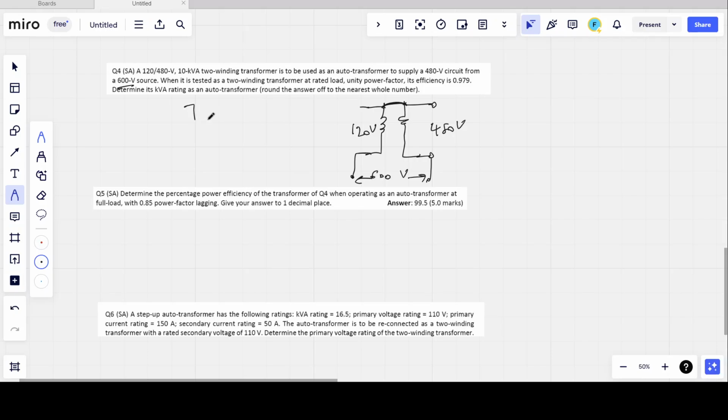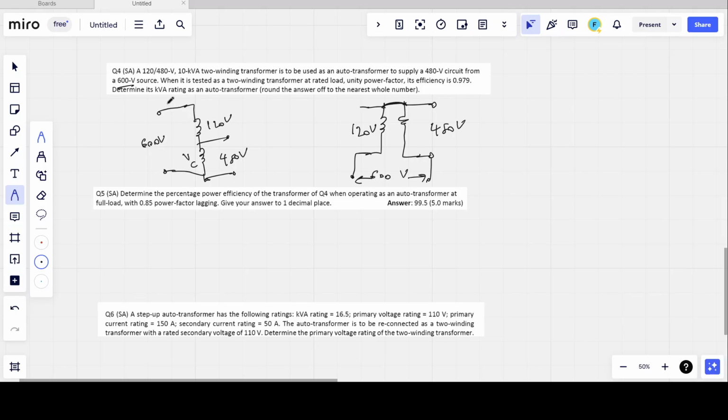So let me just draw it. So this is something that looks like this. Now the output, which has a voltage VC, is 480. And here I'm going to have 600 volts, and this one will be 120 volts.